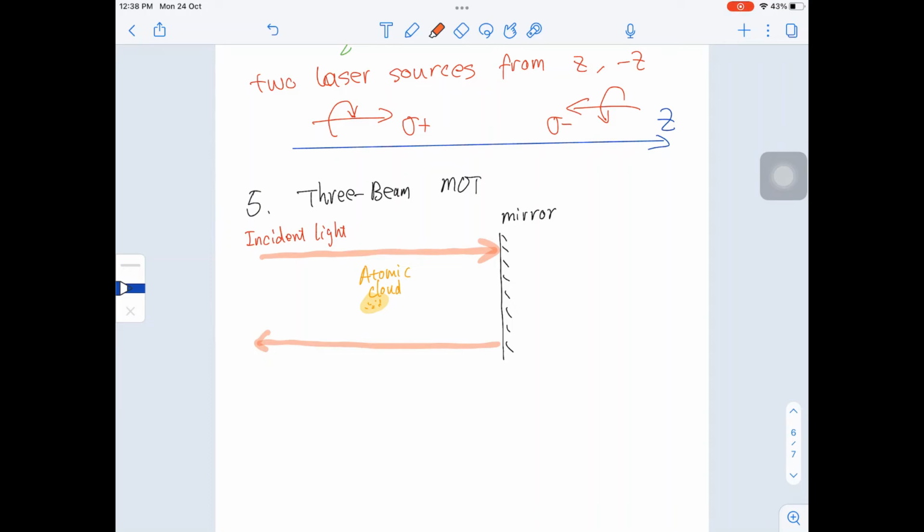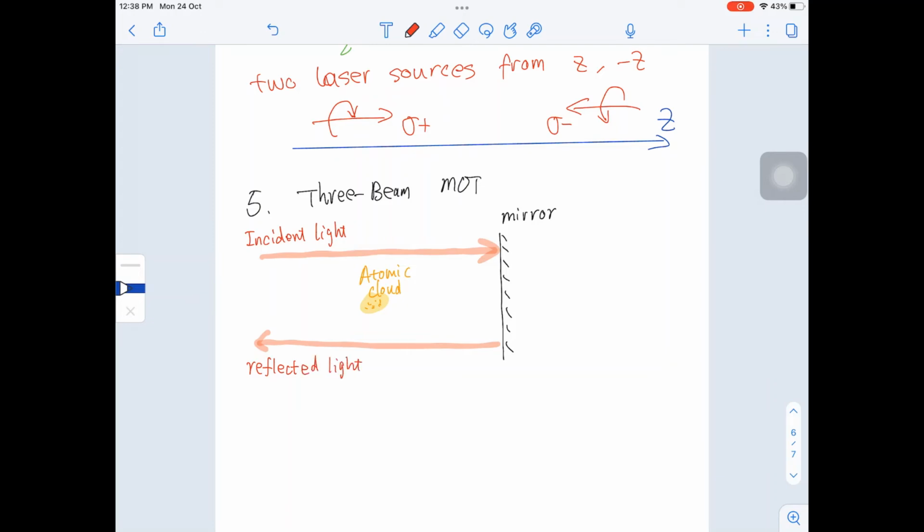Here I separate them, but in reality they are overlapped. I separate them because I want to draw the polarization vectors so it can be demonstrated more clearly.